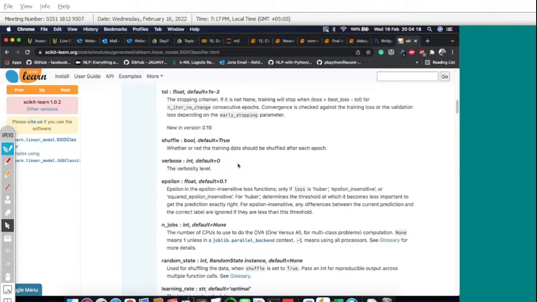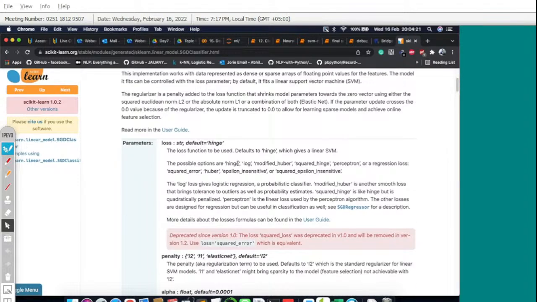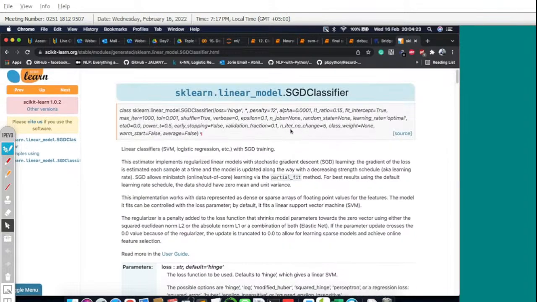Because in SGD classifier, that is the only attribute about the iterations. We have max iter.